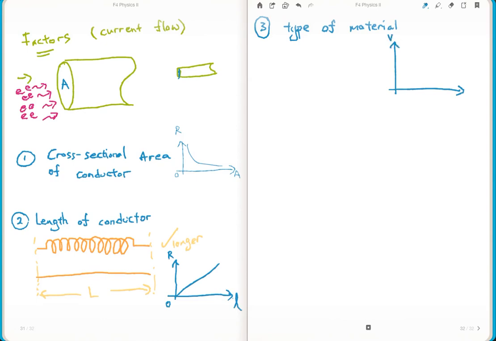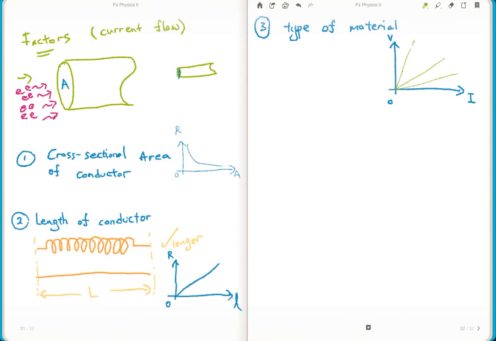You have voltage versus current. The gradient would be different for different materials. Say this one is lower, then maybe you have another type, copper, or maybe nichrome. So the material determines the resistance.